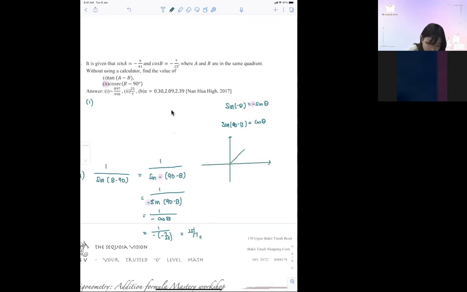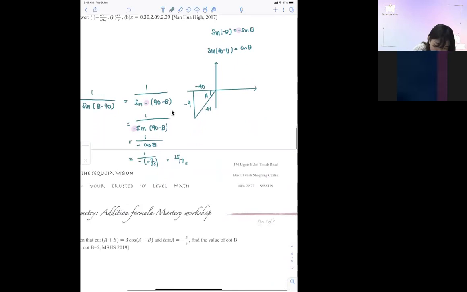Okay, because sine is negative and cosine is negative, it is in the third quadrant. So third quadrant, then this side is what? 41 squared minus 9 squared, 40, right? But this one is also negative. So negative, negative becomes positive.